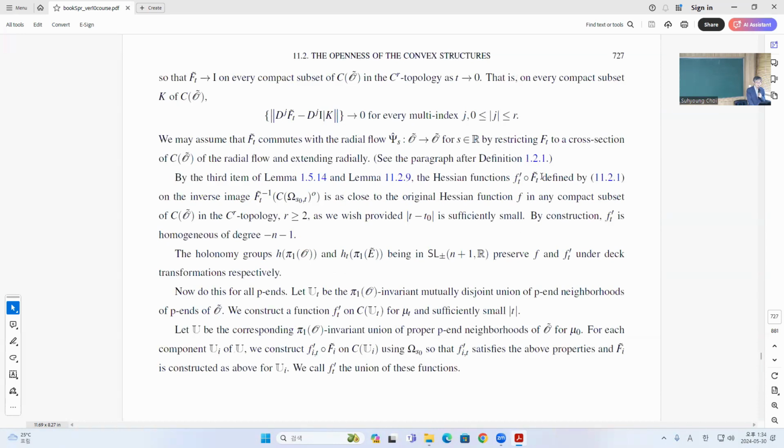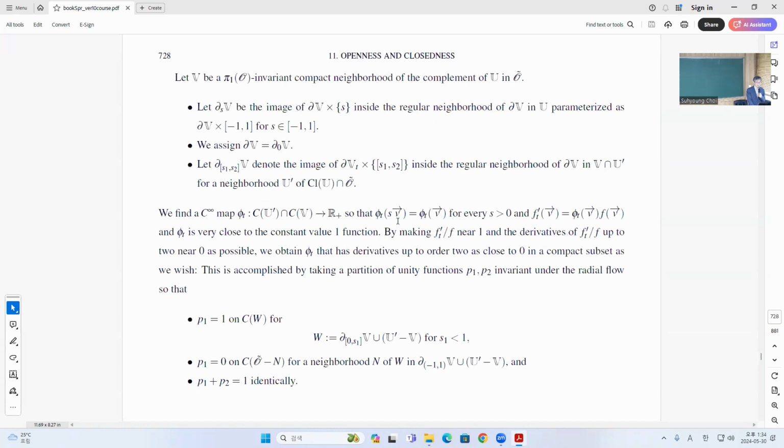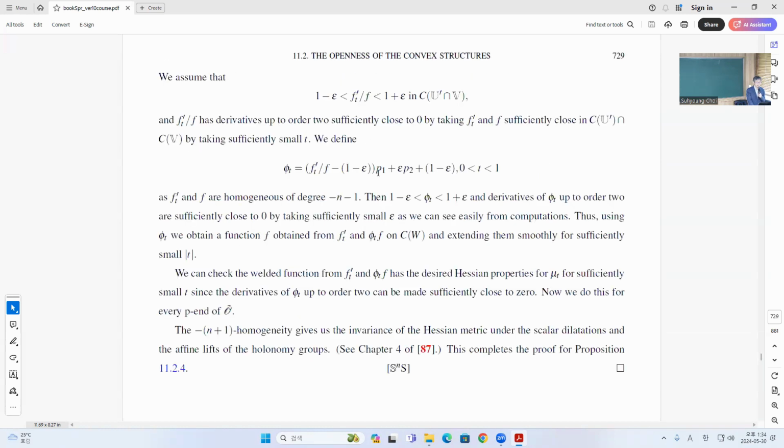Then you define f tilde t using this diffeomorphism, so it will be very close to the original f in any compact set, as long as we wish this to be very small. Okay, so that's the thing. And you do this for each end, using this neighborhood, and you can show that they are very close here. Then phi t is essentially the ratio between these two, but they are very close to 1, so you can assume this property.